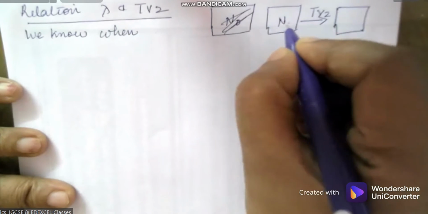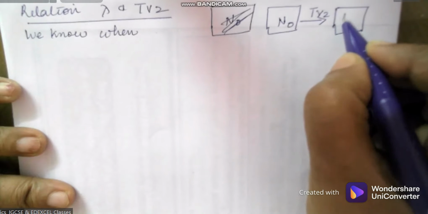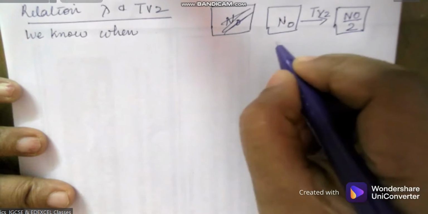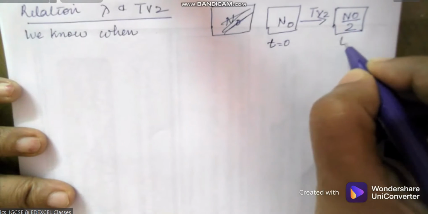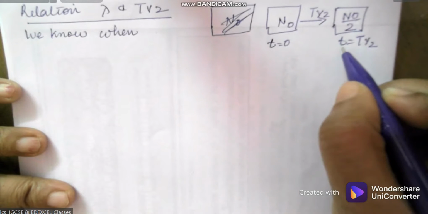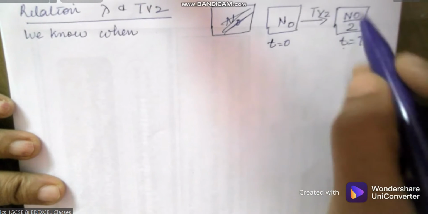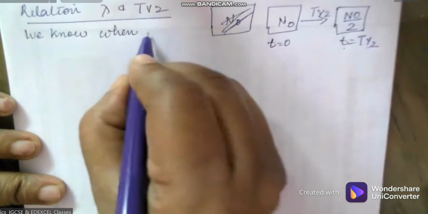For example, let this be n naught. After one half-life, the number will be half of this one. This is when t is equal to 0. This is when t is equal to one half-life. So when t is equal to one half-life, the number of undecayed atoms will be half of this one. Okay, so we know this already.